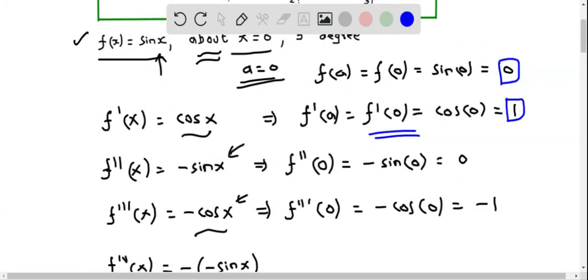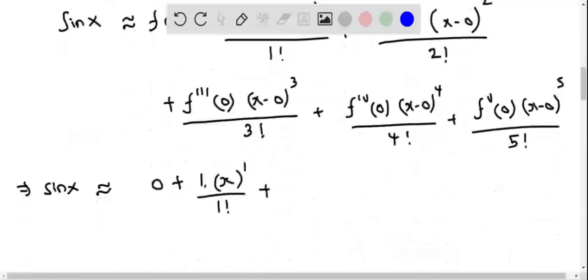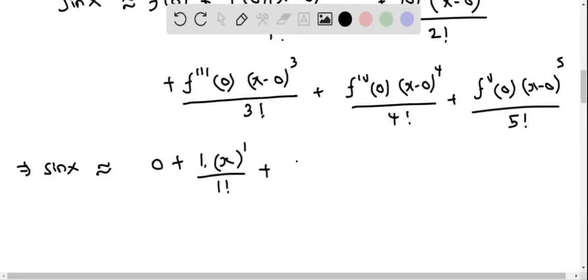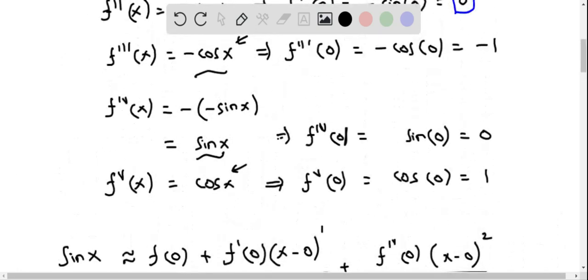f double prime of 0 is 0, so I put 0 times (x minus 0), which is x, raised to the power of 2 divided by 2 factorial, plus f triple prime of 0, that is the third derivative of 0, which is negative 1.